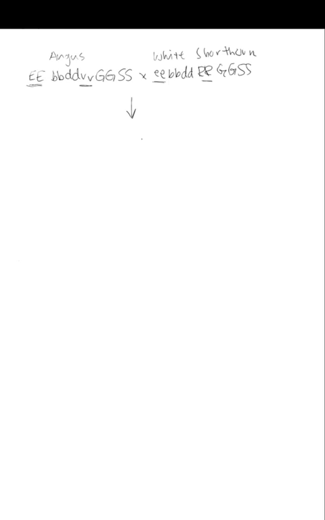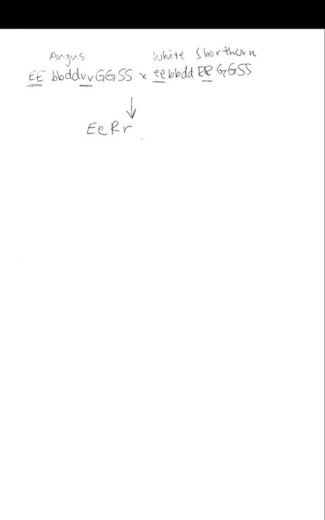So whenever we cross these, their offspring will have one big E from the Angus and then one little e from the white shorthorn, and then they'll have one little r from the Angus and one big R from the shorthorn. So their final genotype will be big E, big R, little r.